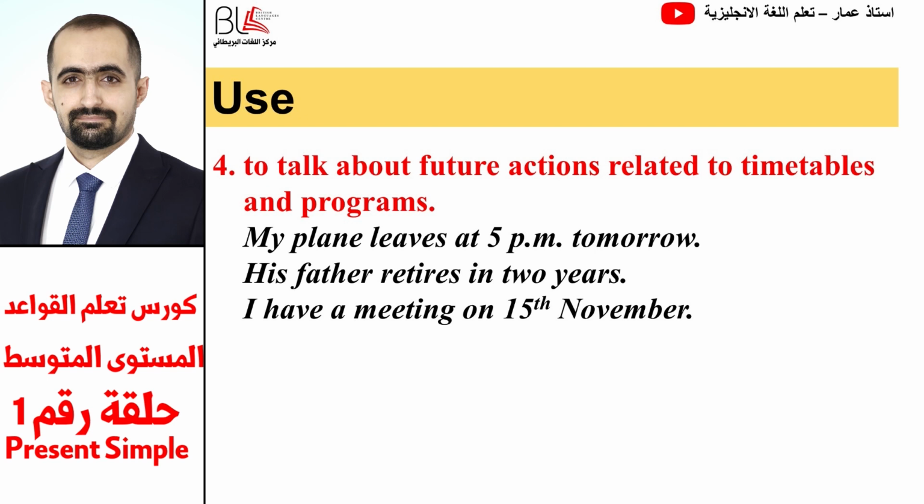We use the present simple to talk about future actions that are part of fixed timetables, such as news bulletins and flights, scheduled times in the future that are repeated. So for example, my plane leaves at 5 p.m. tomorrow. Because it's a plane, there should be a timetable, and with these timetables we need to use the present simple and not the future.